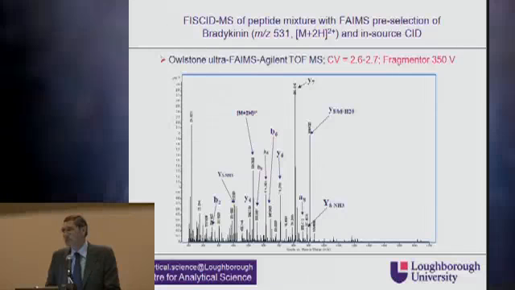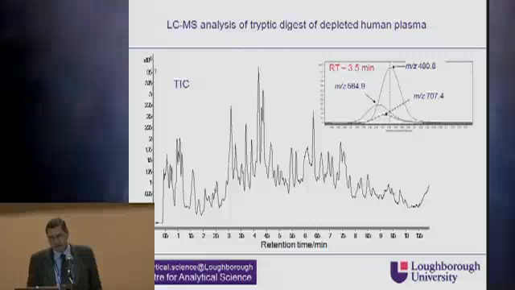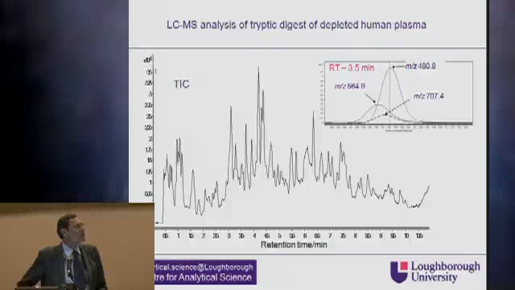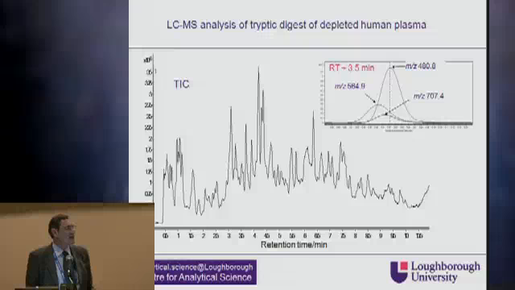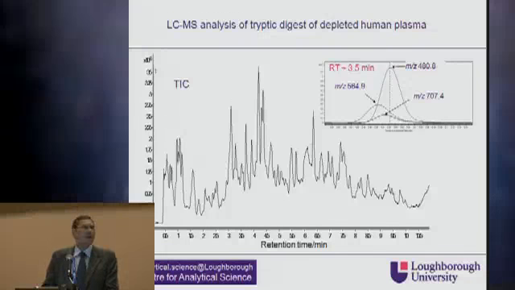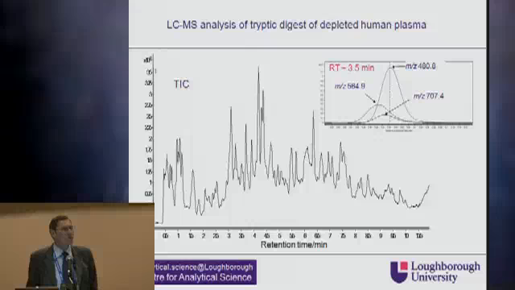So we decided to really push the boat out on this and try some experiments using a tryptic digest of depleted human plasma. So if you do the LCMS on a tryptic digest of depleted human plasma, you end up with this extremely complicated chromatogram as a result of the many, many tens of thousands of peptides produced by the tryptic digestion process of the proteins in the plasma.